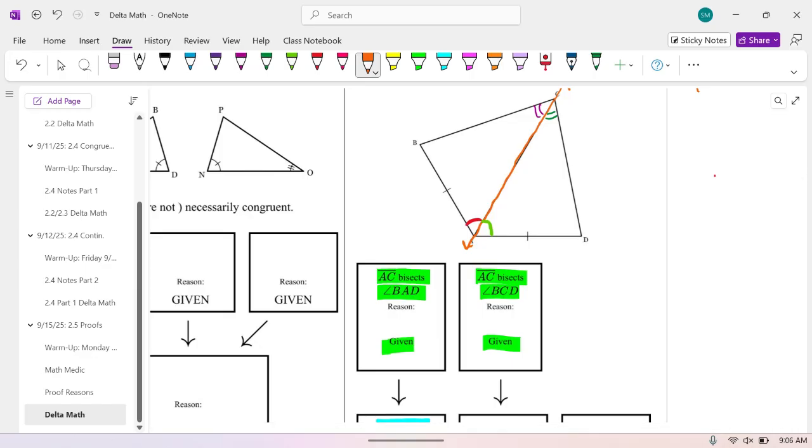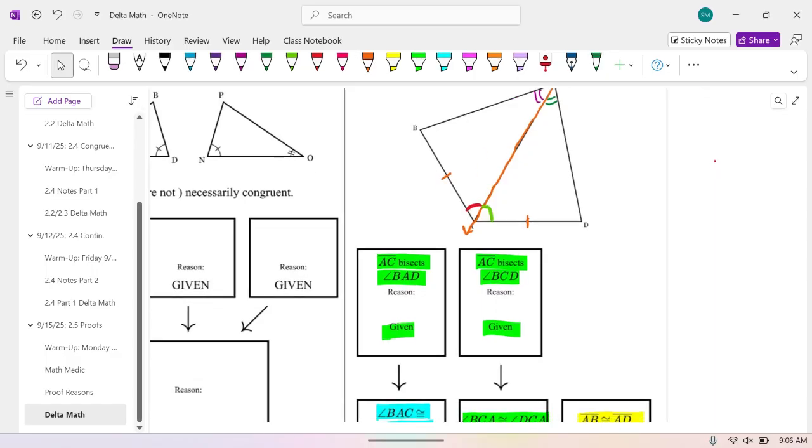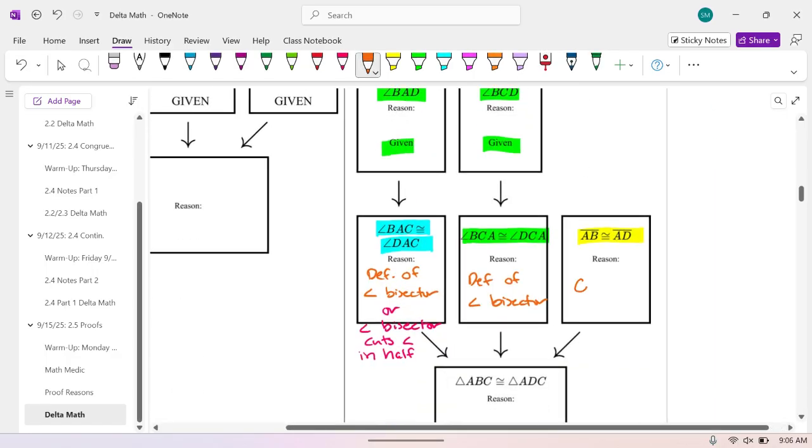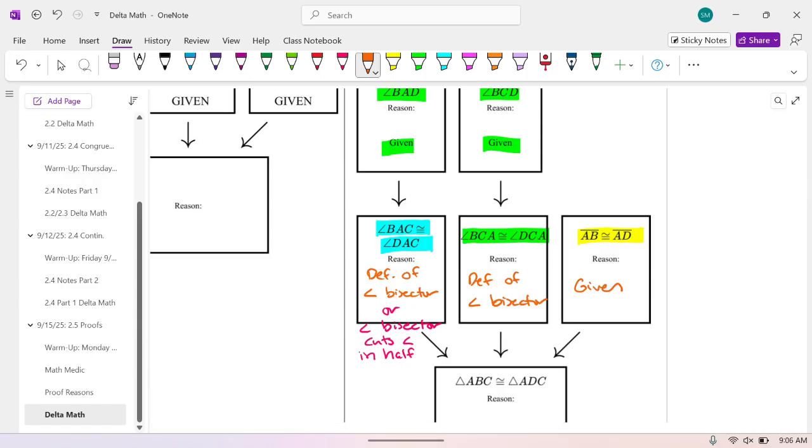Now, did they already mark that for us? Yes. So since they already marked it for us, we can say that the reason is given. If they already marked it, it's given. Typically with proofs, guys, they will not mark anything for you unless they intend to give it to you. So if it's pre-marked for you, it's given.